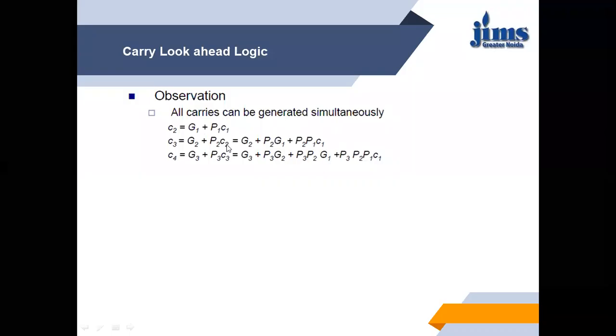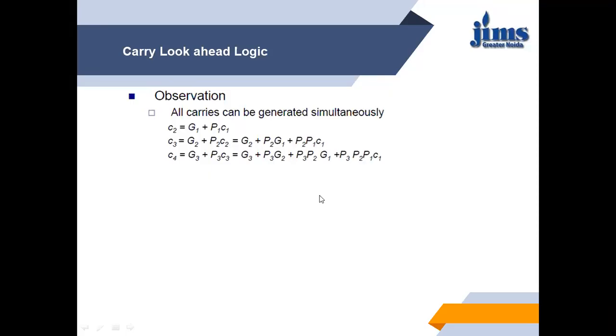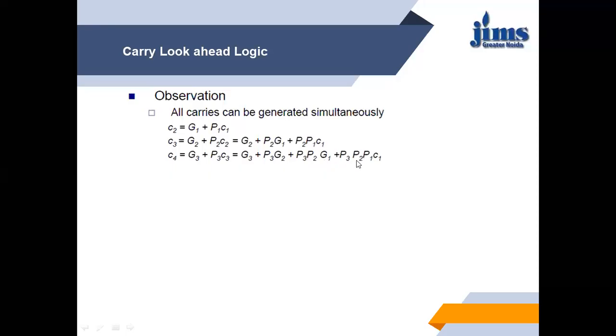Now the value of C2 is substituted, and we get G2 plus P2 G1 plus P2 P1 C1. For C4, i equals 3, we have G3 plus P3 C3, and we can put the value of C3 here, and it will be G3 plus P3 G2 plus P3 P2 G1 plus P3 P2 P1 C1.